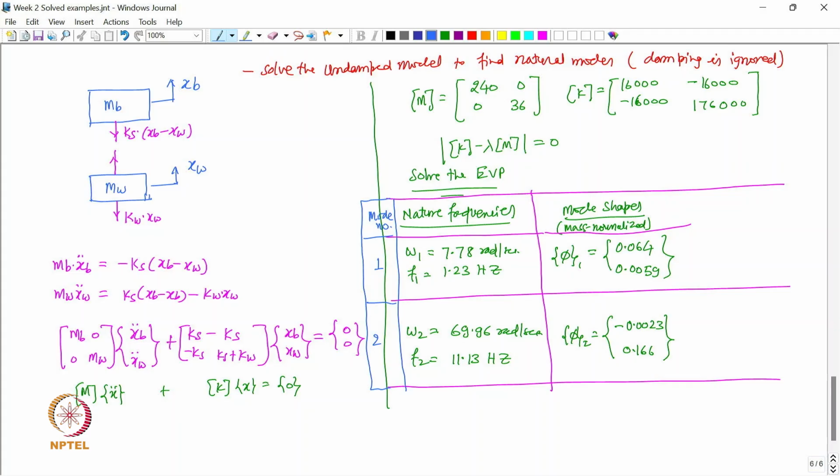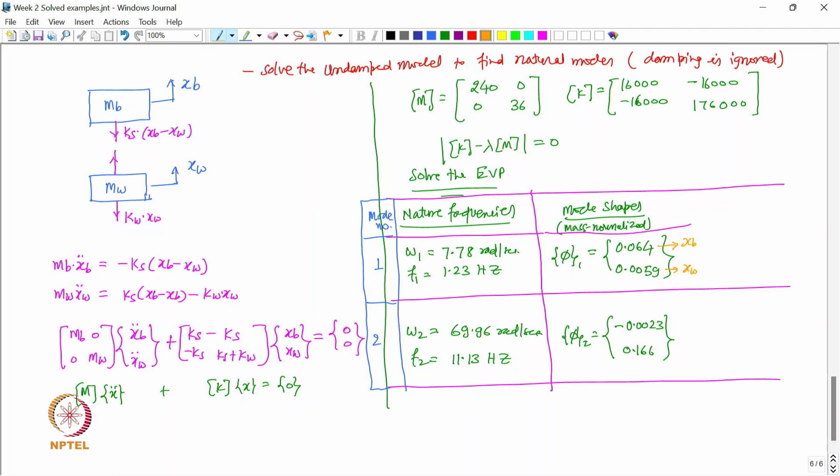And also if you look at the eigenvector, then the first element is 0.064. This represents the amplitude of the body, meaning it represents xb, and this represents the amplitude of the wheel when this system vibrates in this mode.